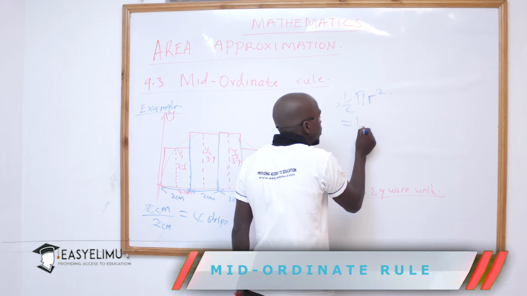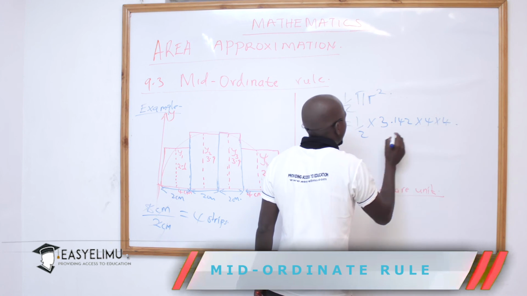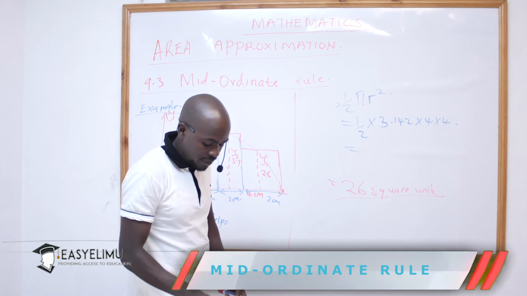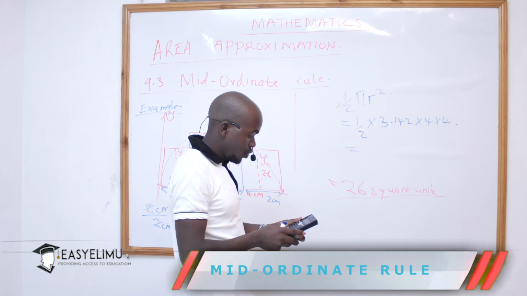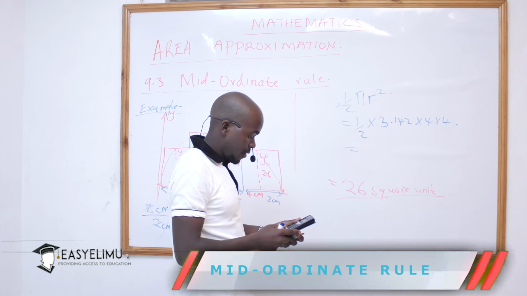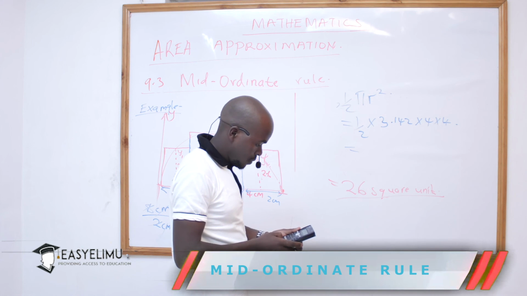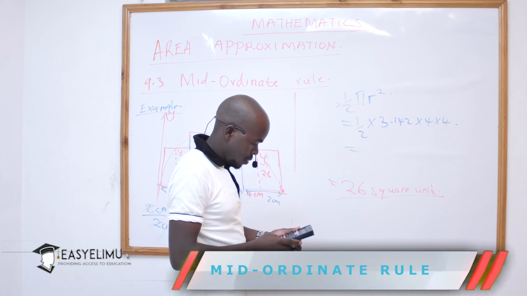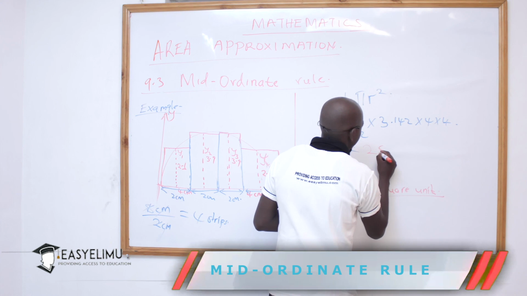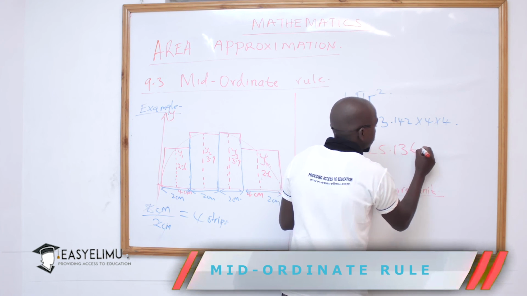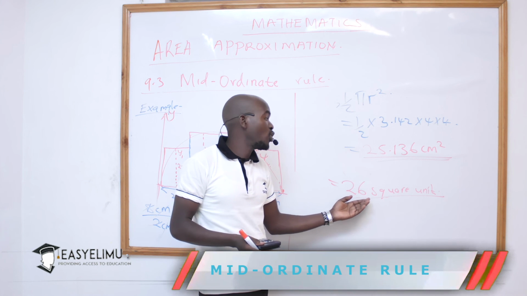So it's a half multiplied by 3.142, multiplied by the radius 4 centimeters, so 4 by 4, and we get 25.136 square centimeters. This is the exact area.